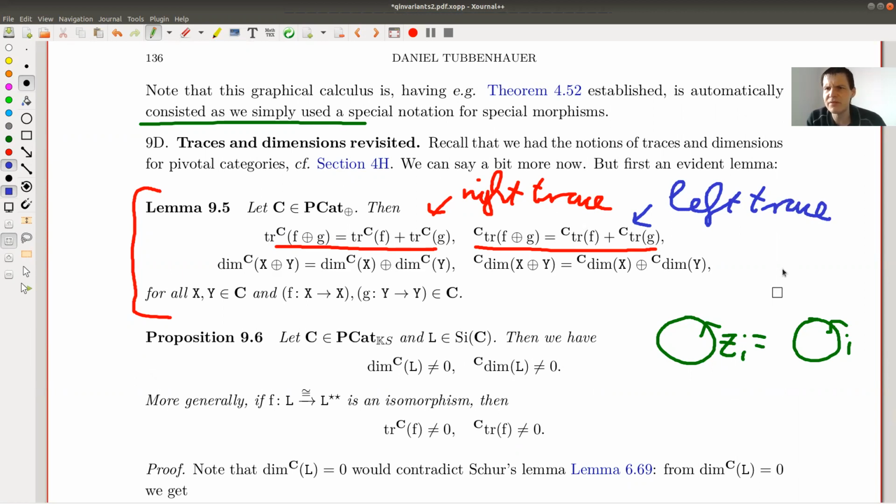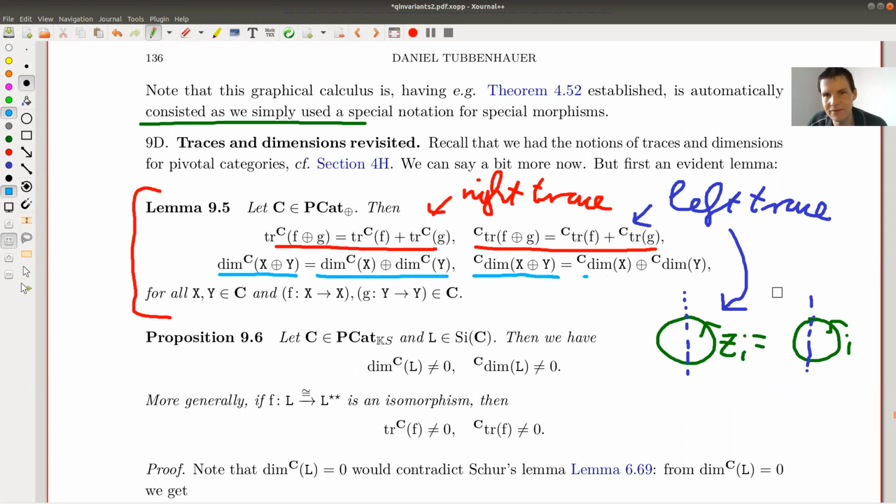Remember that for most reasonable categories, left and right are the same. Anyways, the spherical ones. So you basically can ignore the distinction and just think you have a trace. So this, for example, was the left one, because I'm closing to the left.